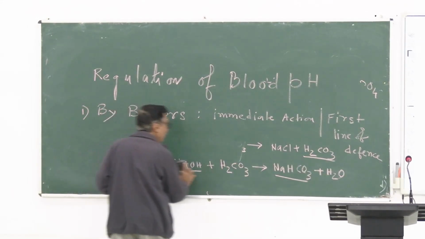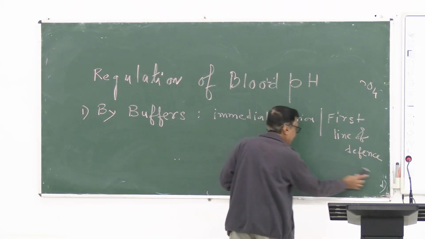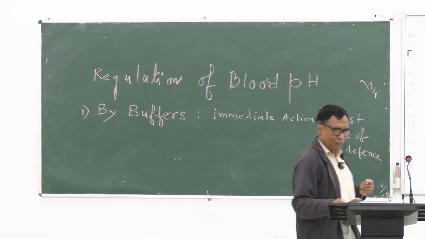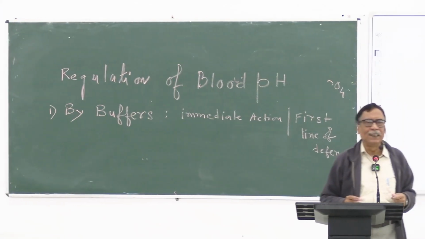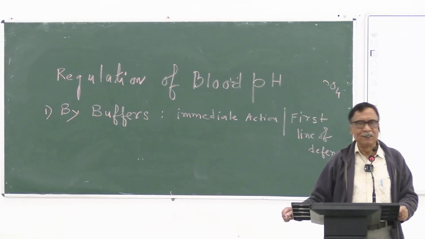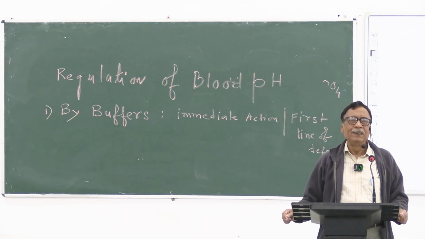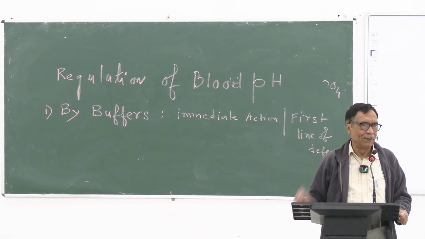So, first line of defense is done by the bicarbonate buffers. It is an immediate action, but this action is not sufficient to maintain acid-base balance. This action is mild, temporary, but it is first line of defense.